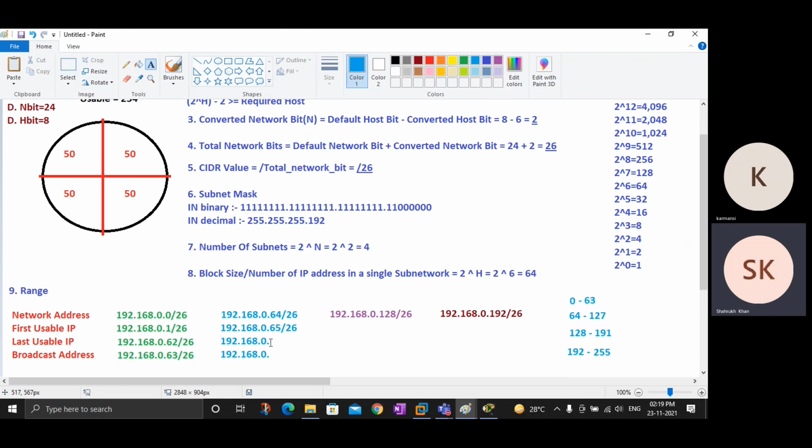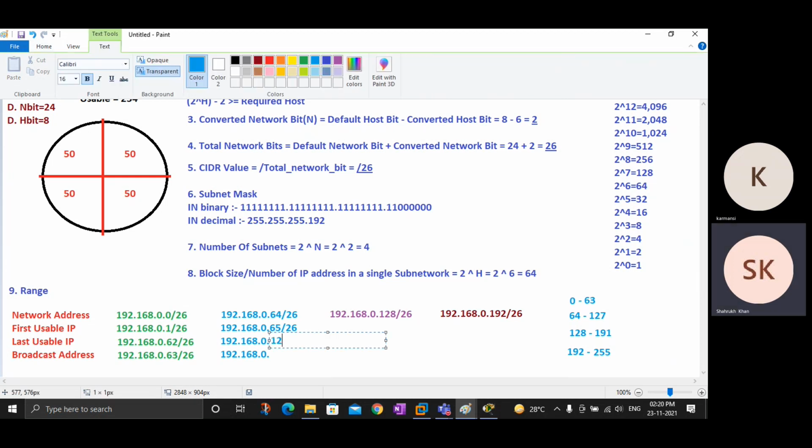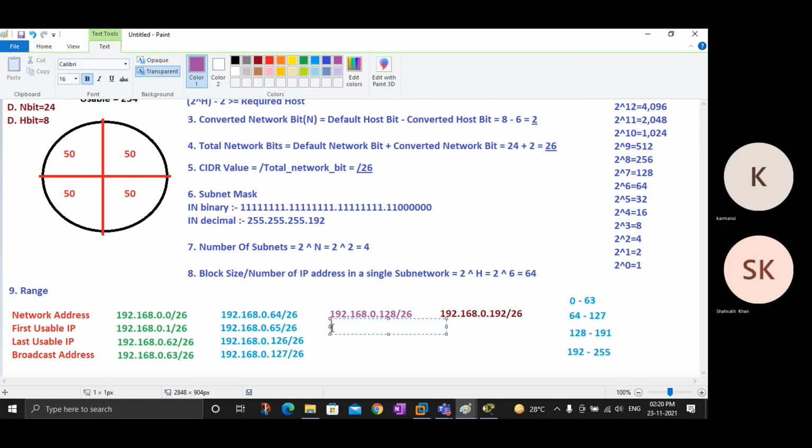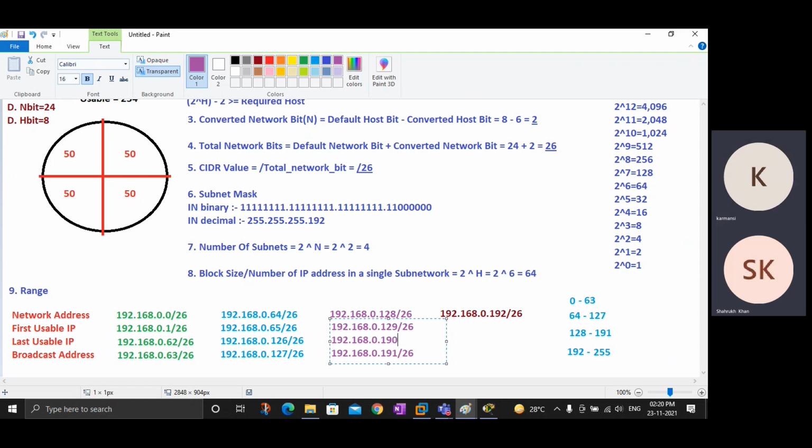So here the last usable IP will be 126, and the broadcast address will be 127. Just like that for the next one, the first usable IP will be 0.129, the broadcast will be 0.191, just one IP before 192, and the last usable will be 0.190.